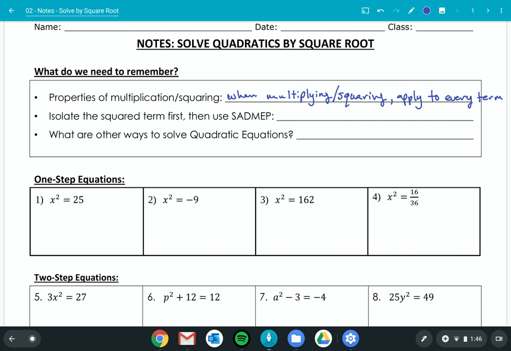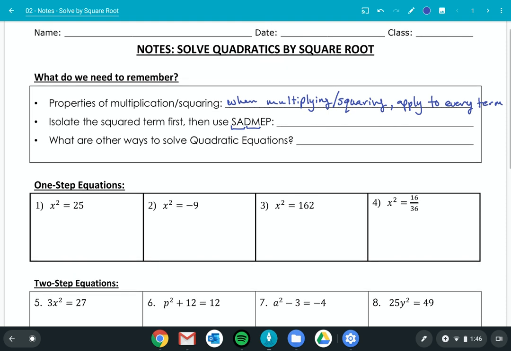And this also goes for whenever I'm trying to do the inverse of these things. The inverse of multiplication is division, and the inverse of squaring we'll talk about here today. In order to isolate the squared term, we want to use inverse order of operations, which is just reverse PEMDAS. We like to get rid of things by subtraction or addition first.